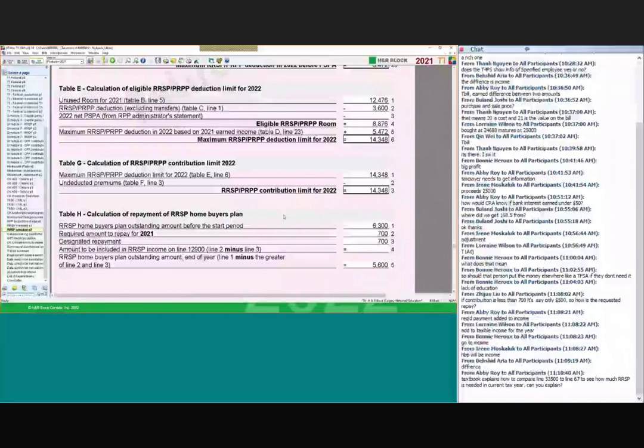Okay. So Abby asks, the textbook explains how to compare the 335 to line 60 to see how much RSP is needed in the current year. Well, that's what we just talked about earlier. We could have people who put in RSP contributions and they don't need it, right? Basically you're looking at whether your non-refundables will exceed the taxable income. Then you wouldn't want to put an RSP contribution in.